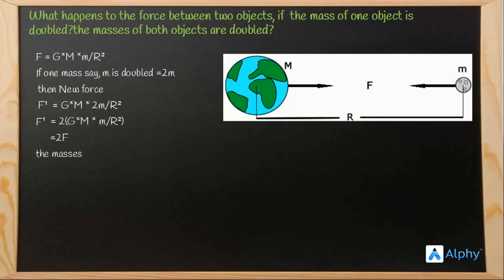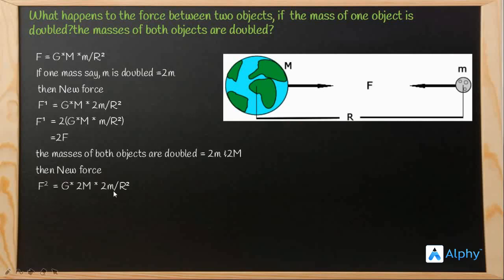If the masses of both objects are doubled, that is 2 into capital M and 2 into small m, so when the mass of the Earth is doubled and the mass of the Moon is also doubled, then the new force, let us consider it as F2, becomes G into 2 into capital M into 2 into small m by R square.